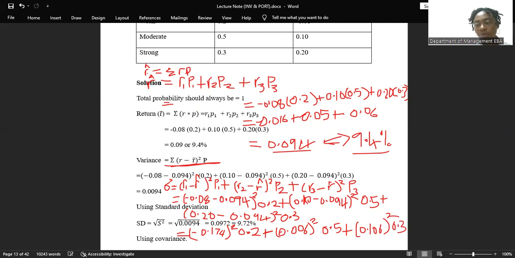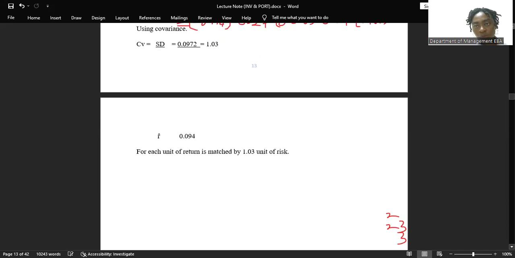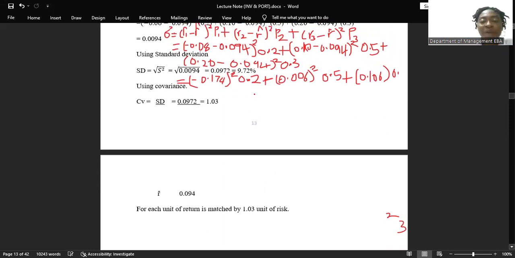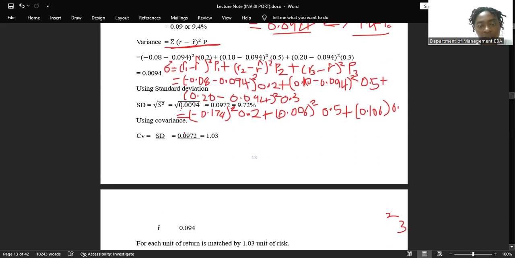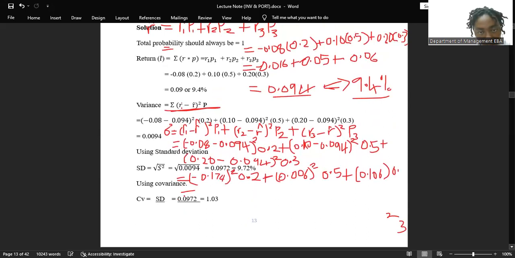All right, so we want to continue. We will just multiply them straight away so that we'll finish early. Let's do it together because time is fast. That is minus 0.174 times minus 0.174.